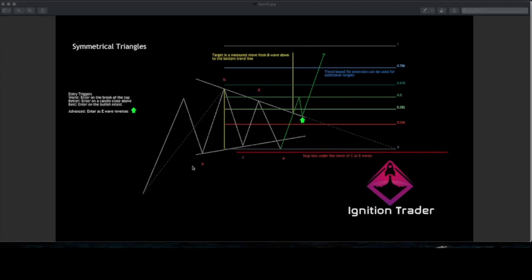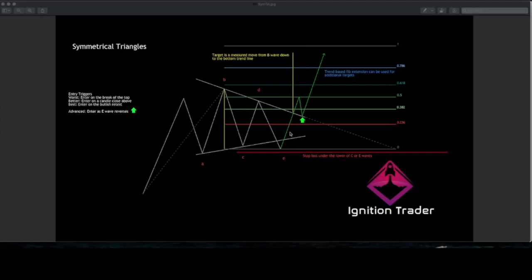They typically go in a B, C, D pattern before breaking to the opposite side of the way they came in. So it's a continuation pattern, and the E wave quite often will break the bottom before going up. That's not uncommon. Other times it may stop short of the bottom.